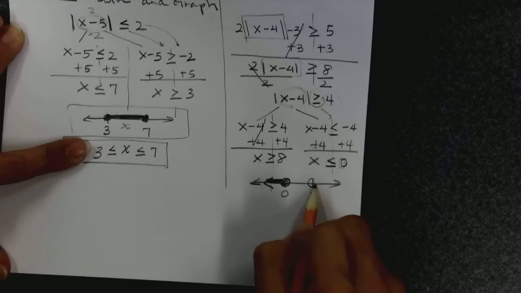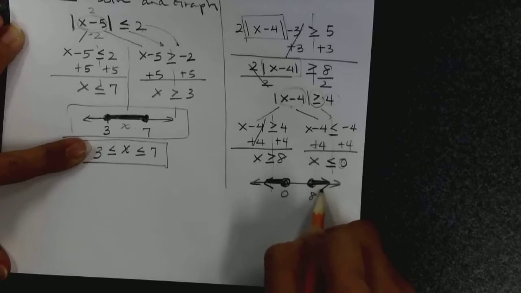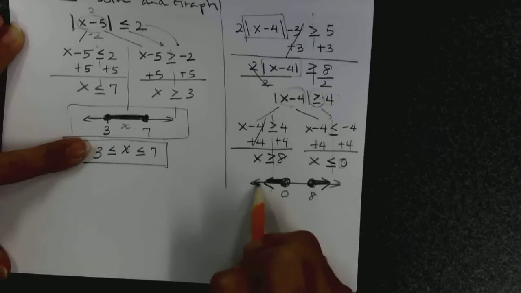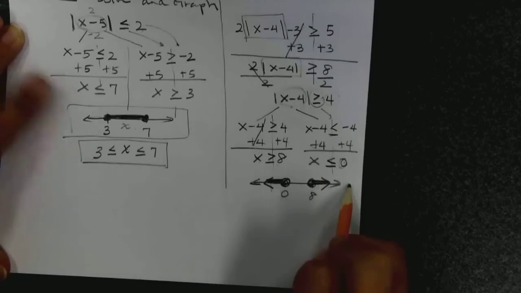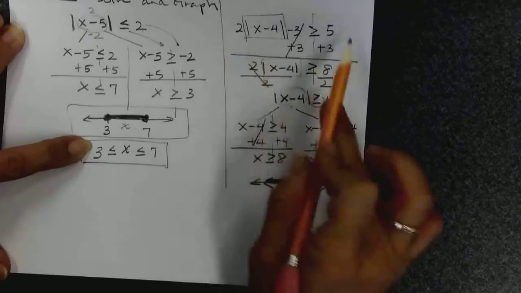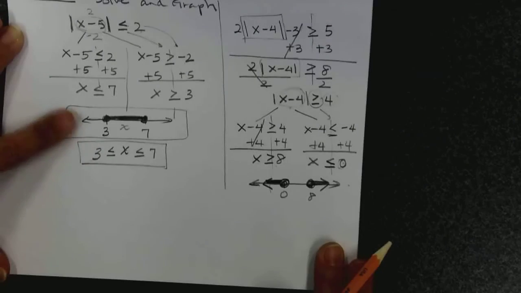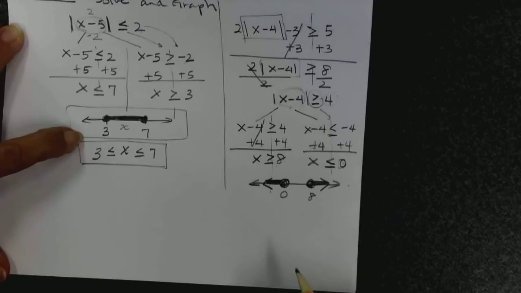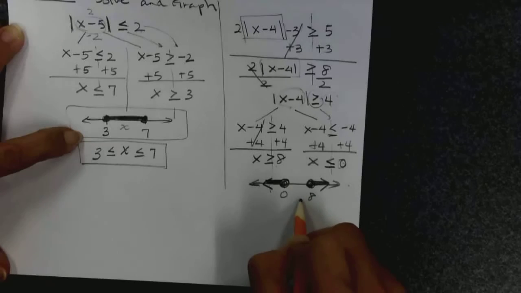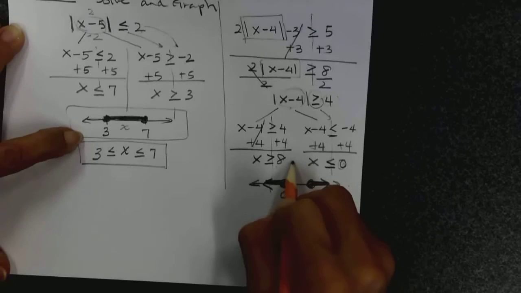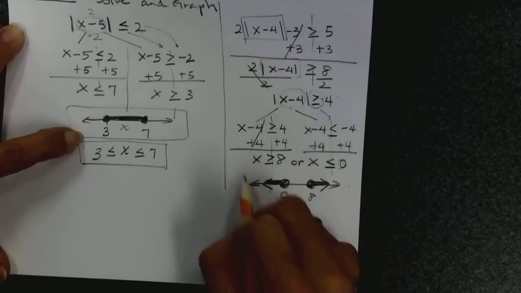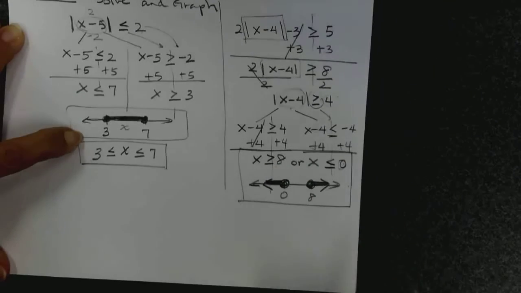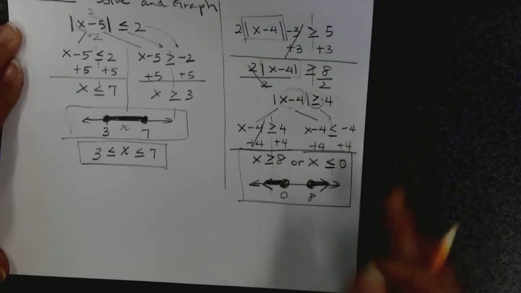And this one is x is greater than or equal to 8. So what it's saying is all these numbers on the less than side of 0 and greater than side of 8 would make that equation have a distance of 4 or greater. And this is an or because it's going in the opposite direction, so you need to put the word or in your answer, and that's how you solve.